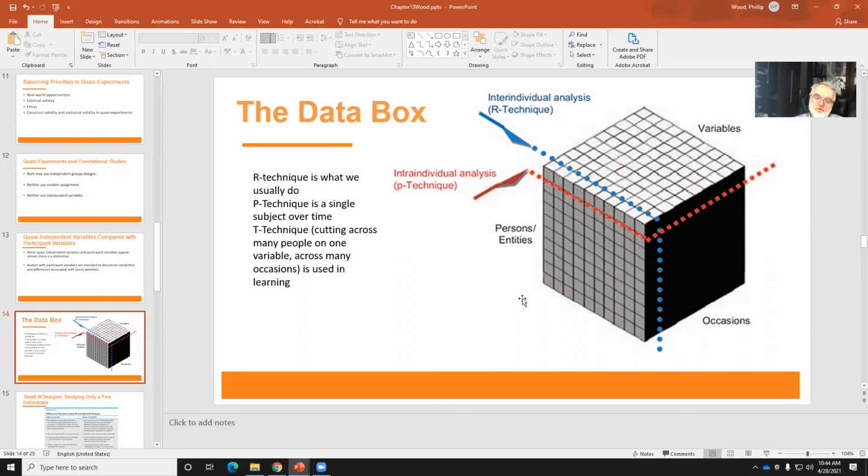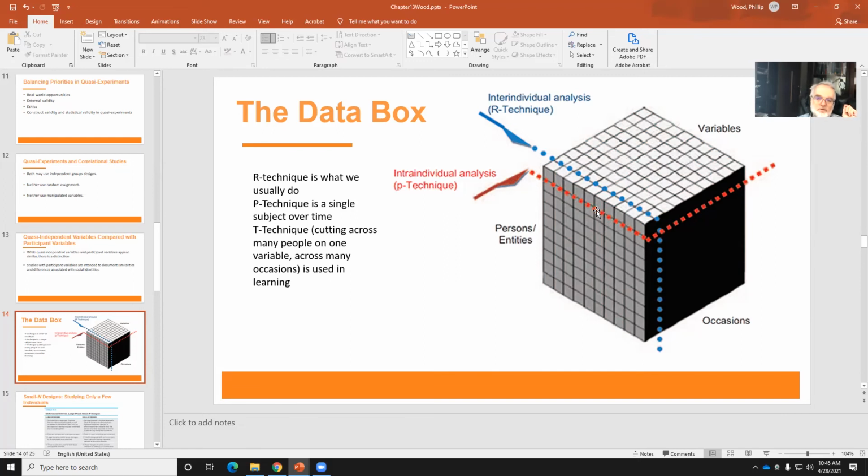When you're looking at RStudio Cloud, remember we were thinking of our data as having people in the rows and our variables in the columns. Now the point of what I want to say is that's not the only way that you can look at data and think about and test hypotheses.